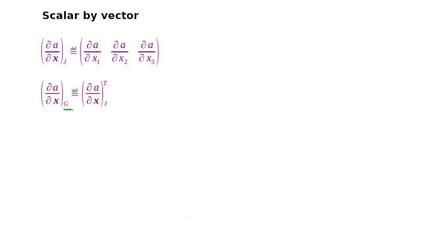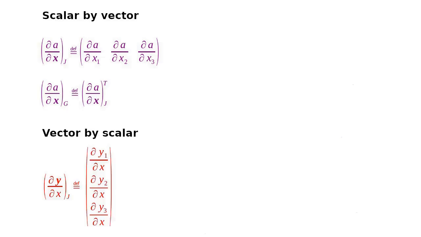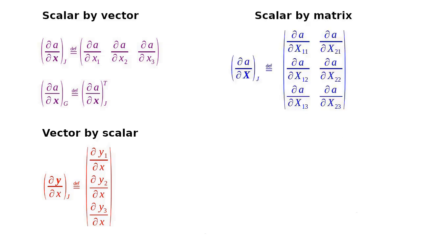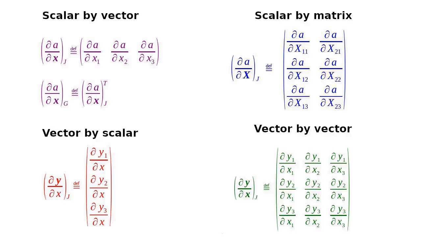The gradient layout is a flipped version of the Jacobian layout. The Jacobian layout is also known as the numerator layout, while the gradient layout is also known as the denominator layout or the Hessian formulation.